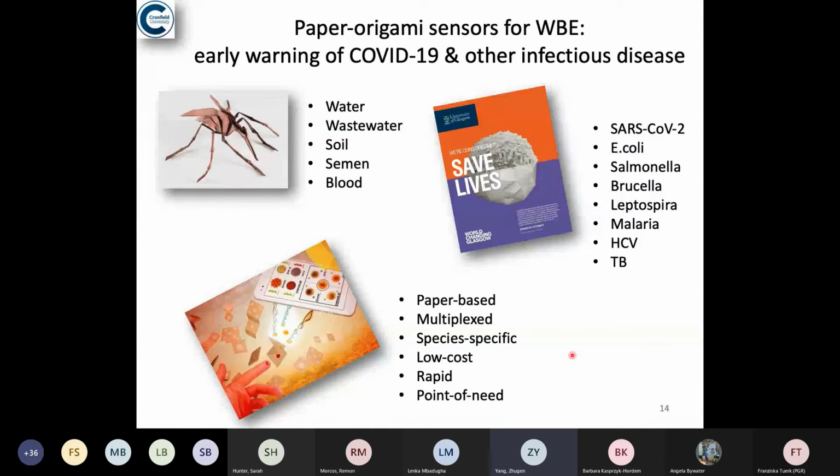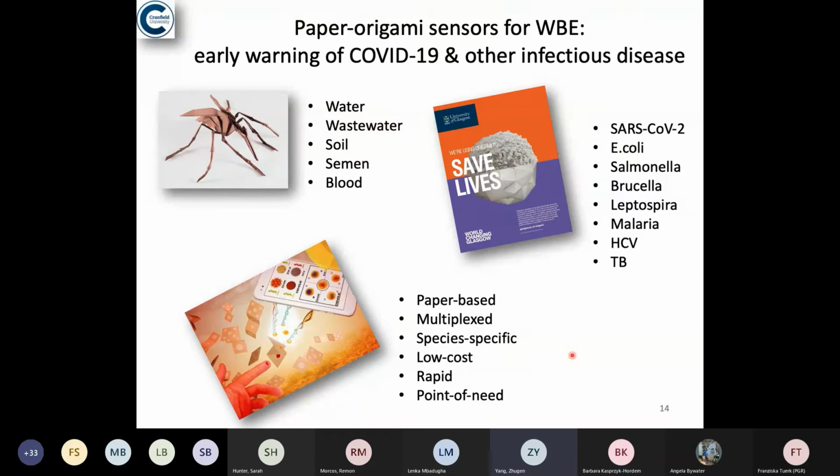To quickly sum up, we developed a paper-based platform to test a range of microorganisms, including pathogens associated with infectious disease, such as E. coli, Salmonella, and Brucella, different species.